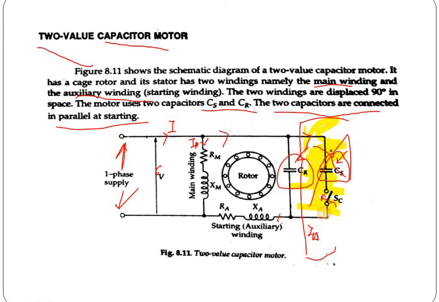That means the circuit will be up to this. When the capacitor is present throughout, from starting to running, this type of capacitor will definitely be an oil-filled type capacitor, because it has to run throughout the time.